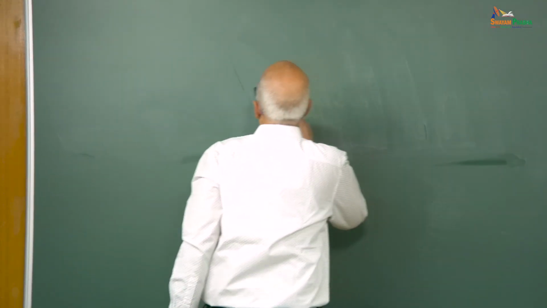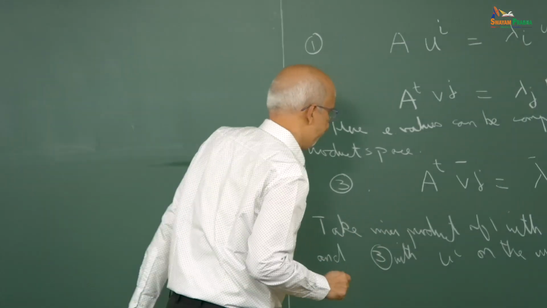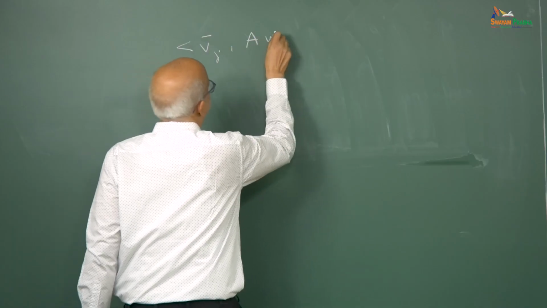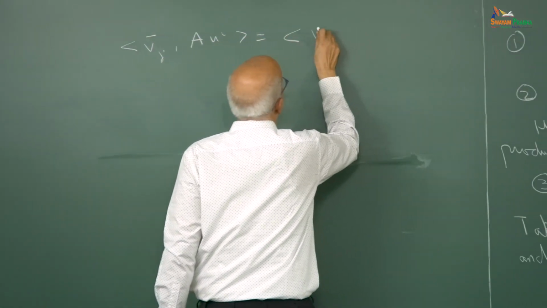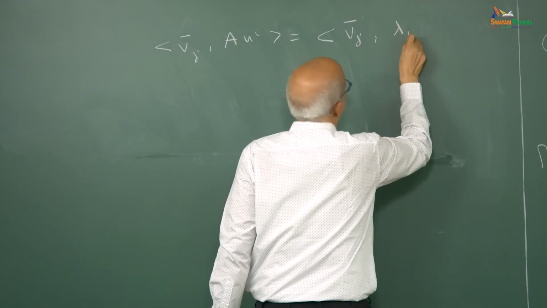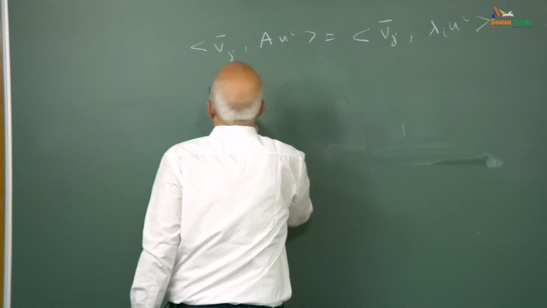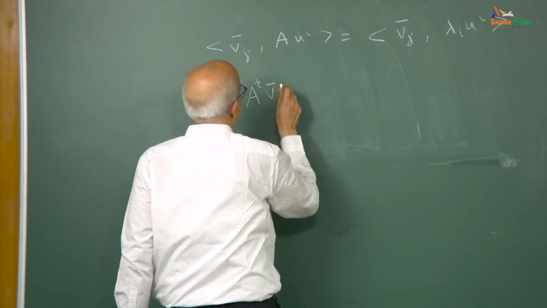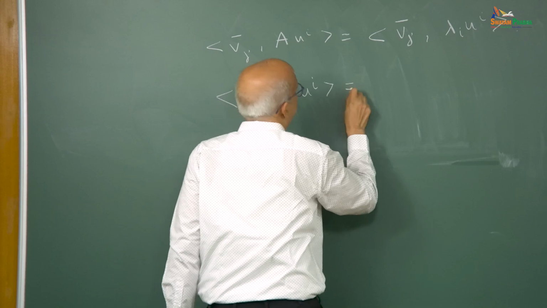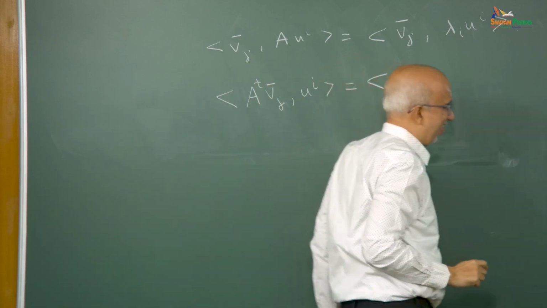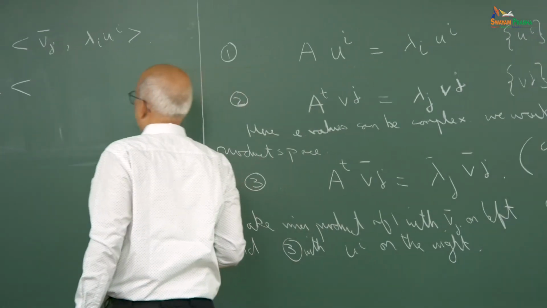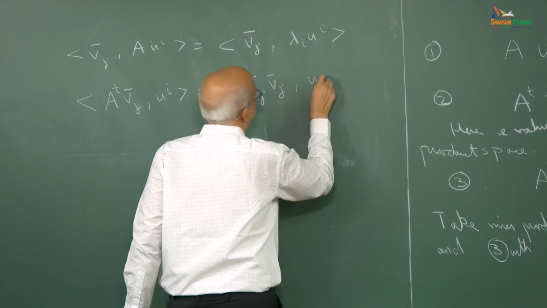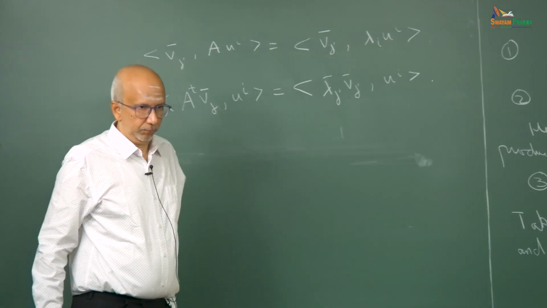So I will write Vj bar on the left, Vj bar with A ui equals inner product of Vj bar with lambda i ui, and the other one is A transpose Vj bar with ui equals inner product of lambda j bar Vj bar with ui, okay.